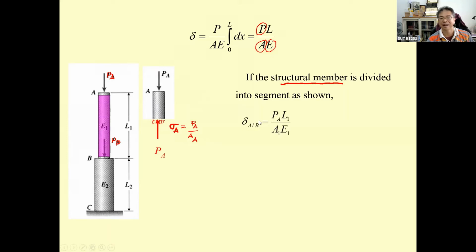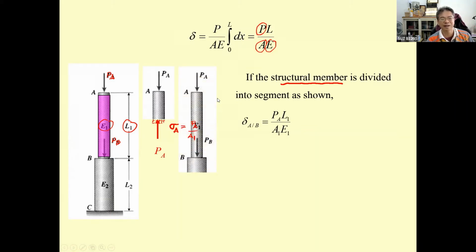And then the shortening between A and B is going to be P sub A L1 over A1 E1. They use E1, it's okay. And L1, A is going to be A1. Let me just check this one a little bit to correct the symbols. And then there is another one. You may just consider this one.